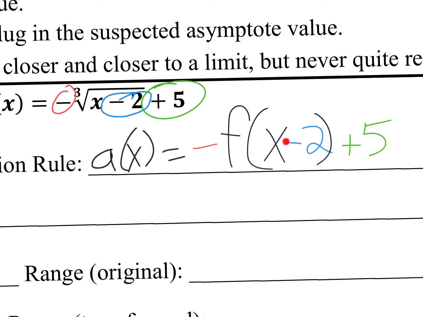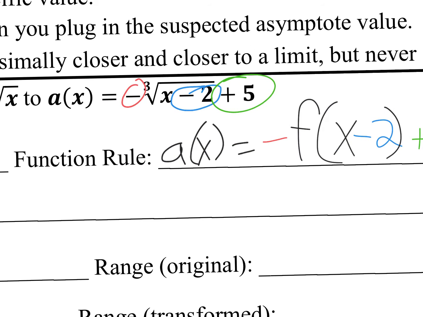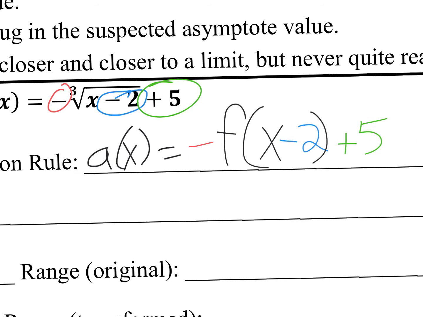So this is my function rule based off of the transformation that happened. Your function rule will always start with whatever your new function starts with, so this is going to say a of x. And then it's always going to have f of x in it, so it'll always have the letter f in it. So a of x equals the negative f of x minus 2, plus 5. That's the long explanation of it.